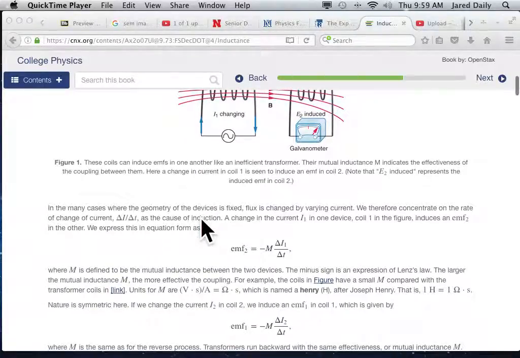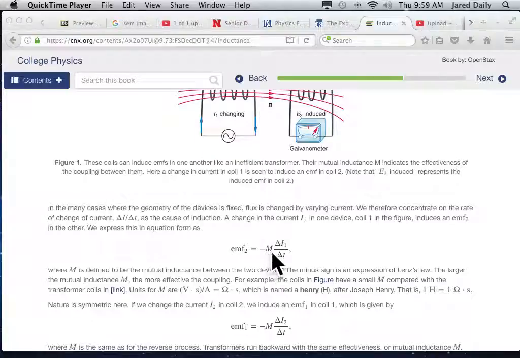It can get quite complicated, but it can also be simplified, and this is the result of that simplification. The EMF in the second coil is going to equal the change in current of the first coil over the change in time. That part is like Faraday's law.